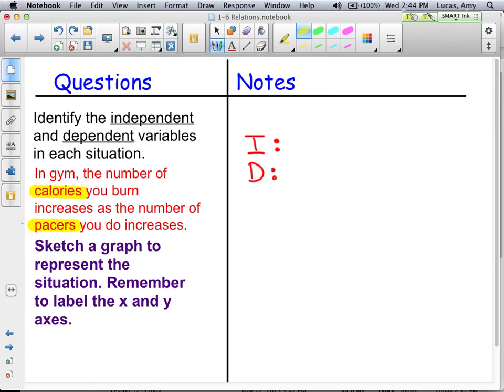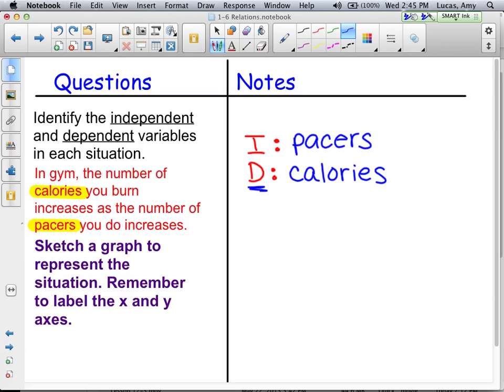What happens first? Do you burn the calories first, or do you do the pacers first? Obviously, you have to do the pacers first. So first we do our pacers, and then the number of calories depends on how many pacers we did. So dependent: calories depend on the number of pacers we run.